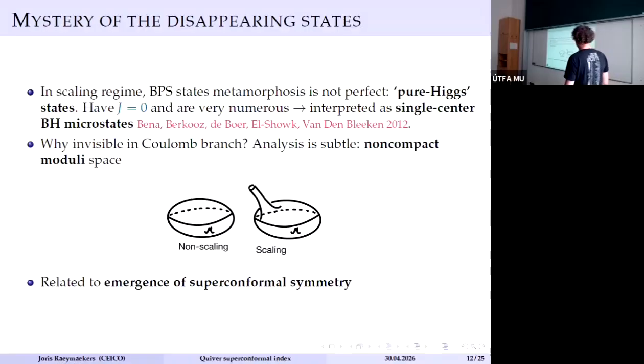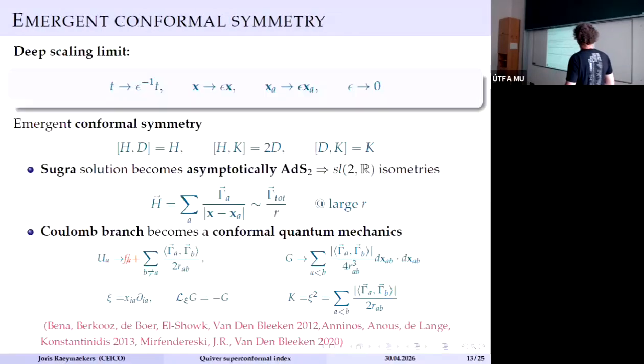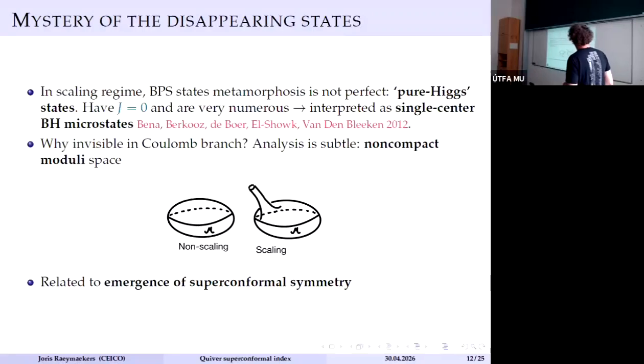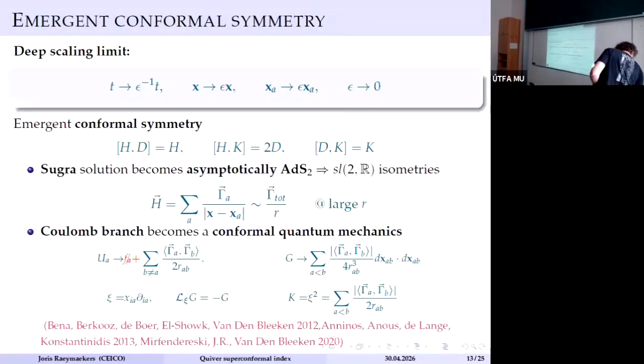I will now argue that this is also very closely related to the emergence of superconformal symmetry, and that is what we propose to use to get a different perspective on the problem. So let me describe how that comes about.